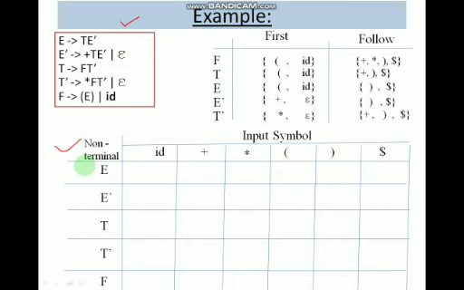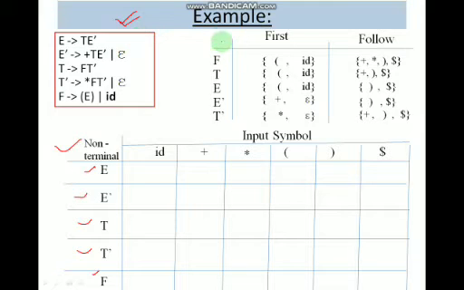In the table, you need to write down all variables in any order. This is variable E, this is E dash, this is T, this is T dash, this is F, all variables of this grammar. Because it does not contain left recursion and does not require left factoring, we can directly construct the predictive parsing table for it.